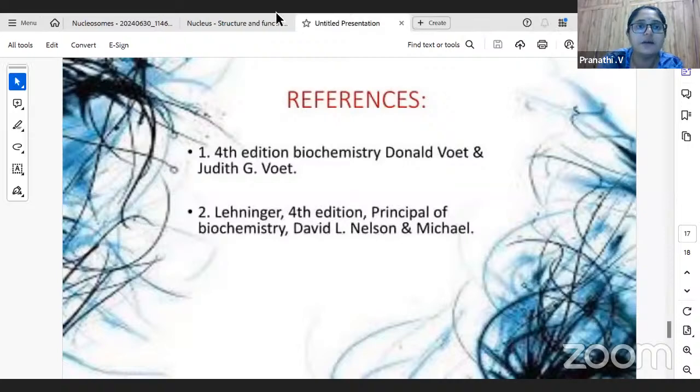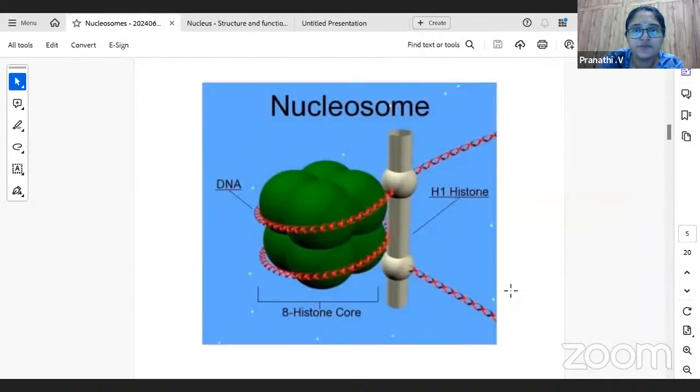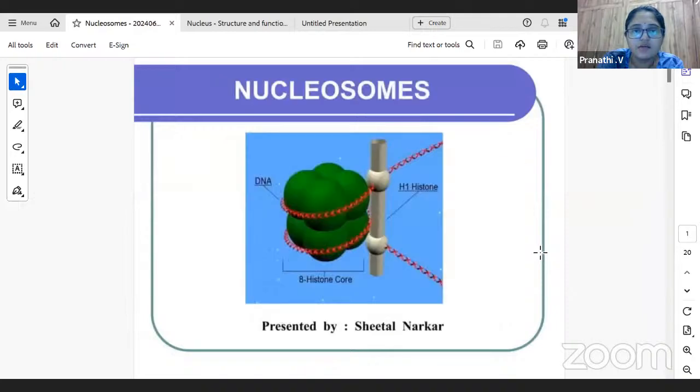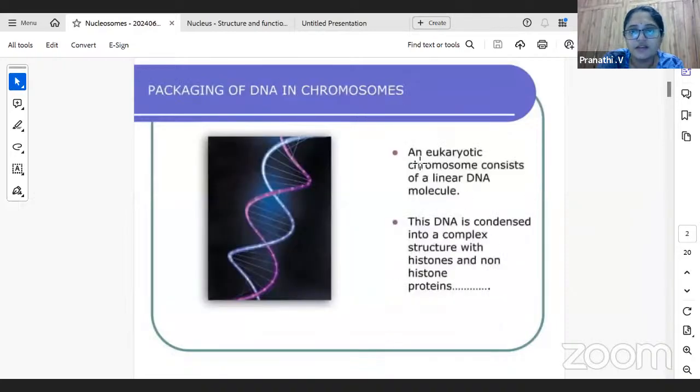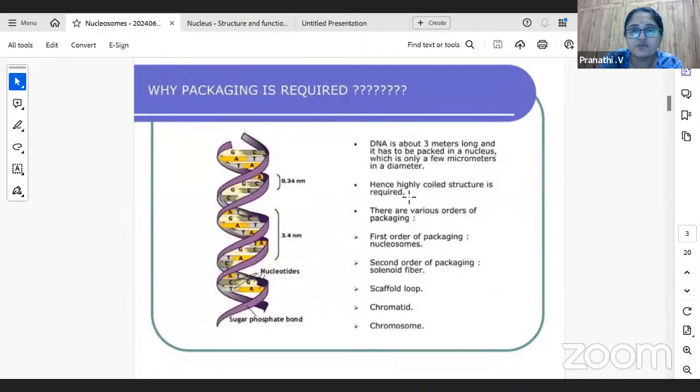Now, let me come to the nucleosomes. Why should they be packed basically? Linear DNA molecule, I might be repeating, but please bear with me. This DNA is condensed with histones and non-histone proteins. So why is it that we need to condense the DNA? Because it is around 3 meters long and we are putting it into a cell which is much smaller.